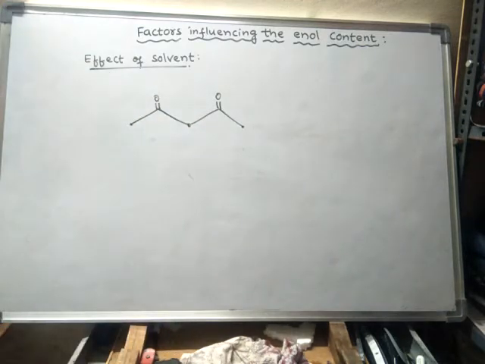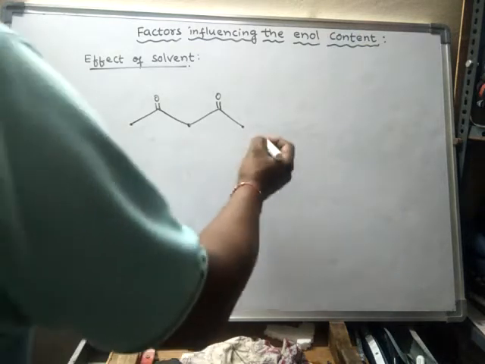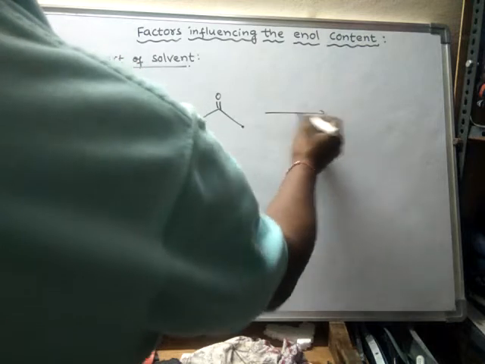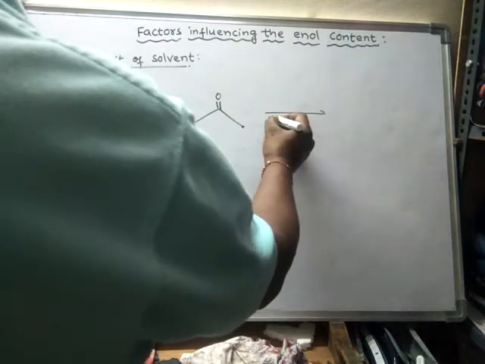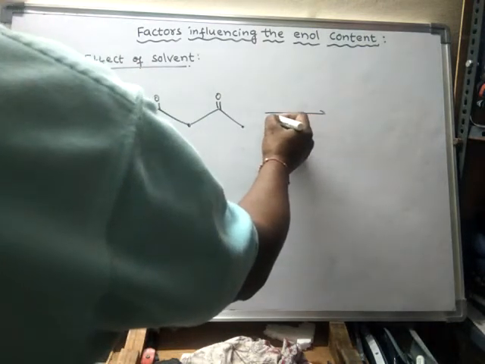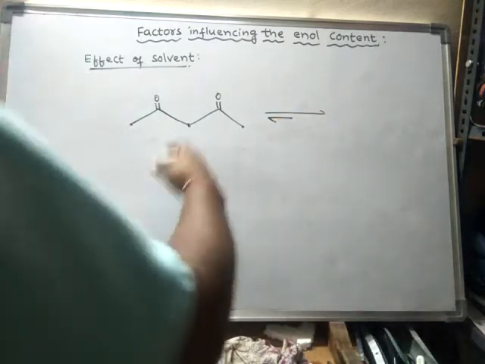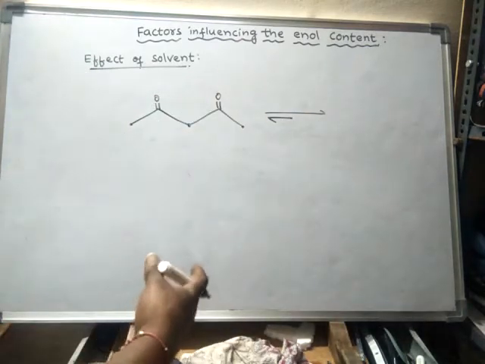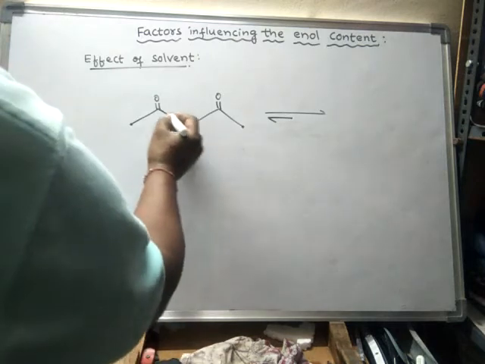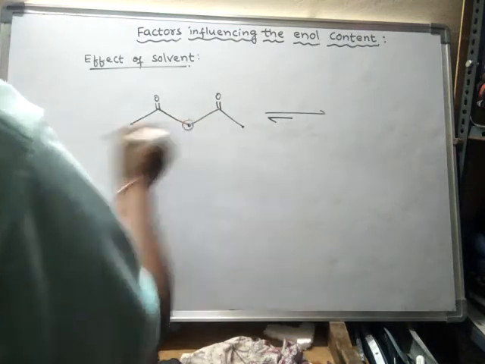Okay. Now if you see the acetyl acetone, it will tautomerize into enol form. Whenever there is an active methylene, this is called active methylene.